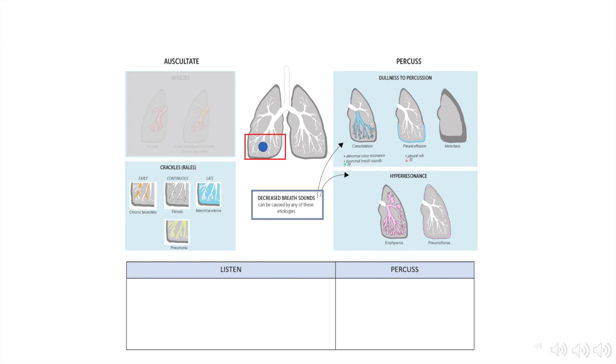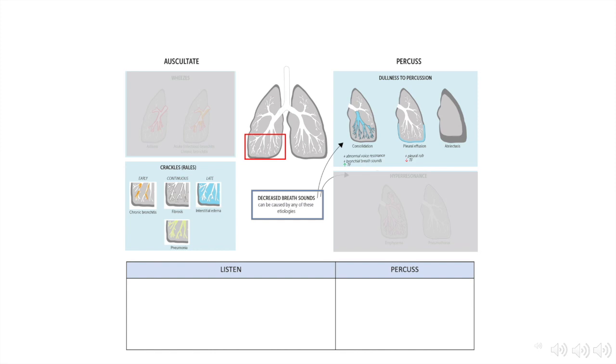So then you move on to percussion. You appreciate dullness to percussion again in that right lower lobe, or that right lower lung space. So then you're thinking to yourself, there's still a couple things that could be going on. And I remember with dullness to percussion, I had some differentiating maneuvers I can perform.